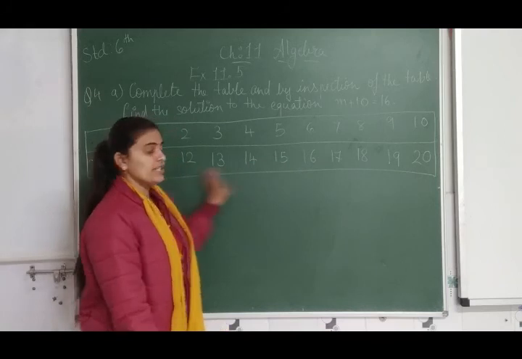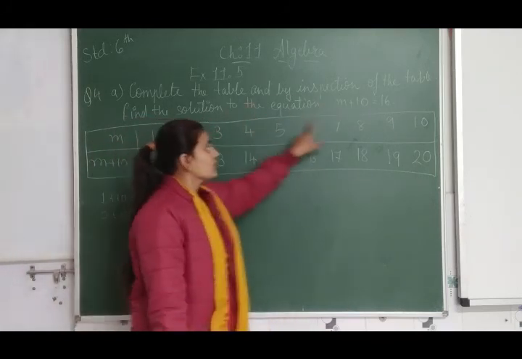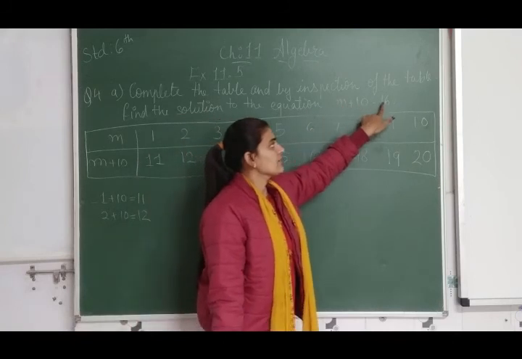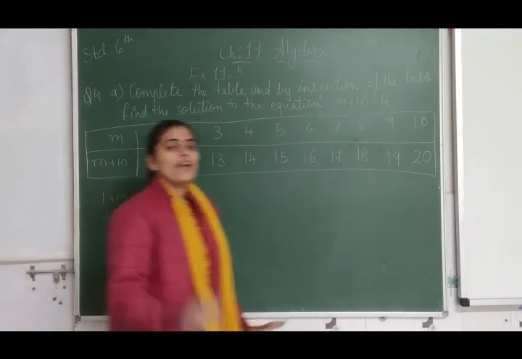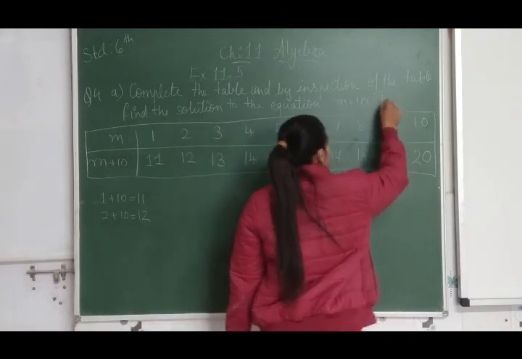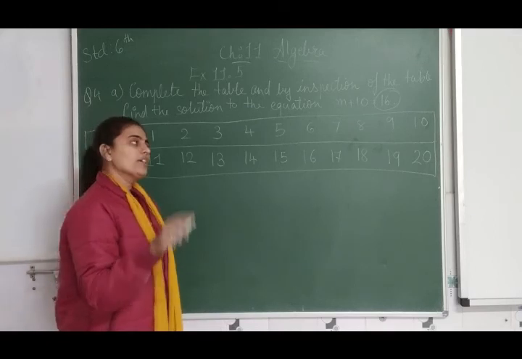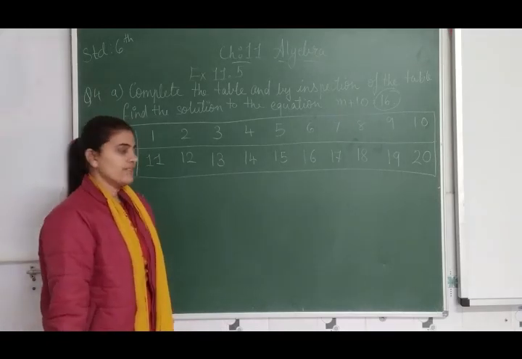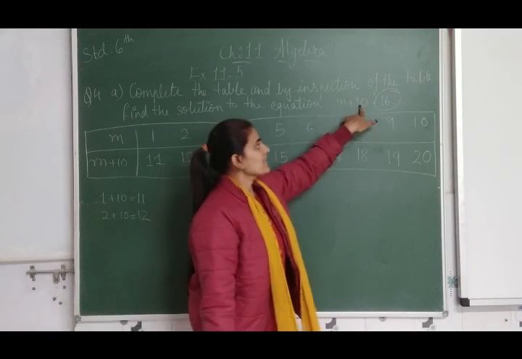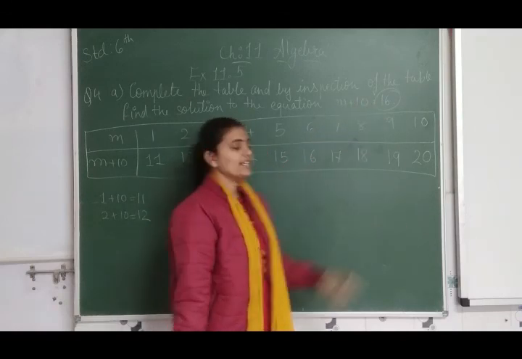Okay, now this table is filled up. Now we want to find the solution of m plus 10 is equal to 16. Now when m plus 10's value is equal to 16, we will find out that. That value of m will be the solution of that equation. So in the row of m plus 10, let us see where we are getting 16.